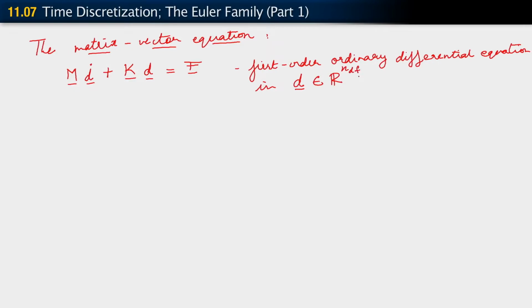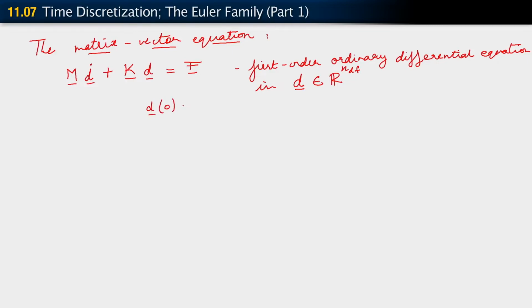NDF is simply the number of degrees of freedom we're actually solving for. Now, this is a first order ODE, and what that implies is that we do need an initial condition, which is something we had stated in the strong form of the problem. We just need to incorporate it here.